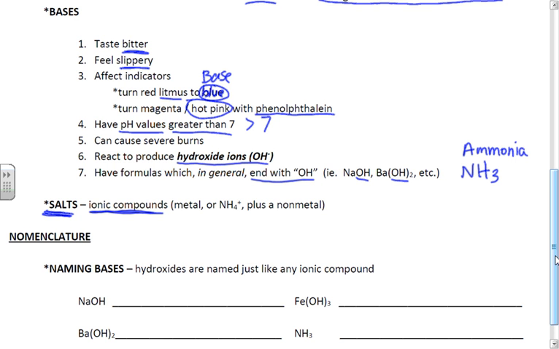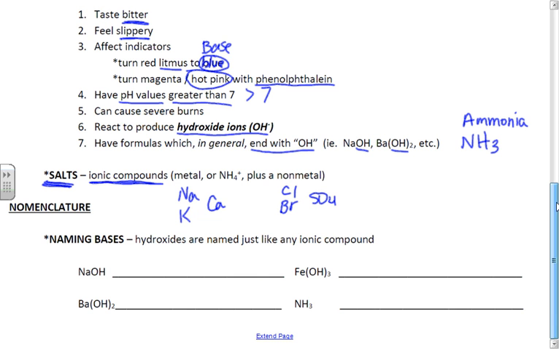NaCl is an example of that because Na is a metal, Cl is a nonmetal, but it doesn't have to be those. We could have K, potassium, paired with bromine, KBr. You could have calcium paired up with a polyatomic ion made of nonmetals. You just have to have metal and nonmetal paired up in order to have that salt or ionic compound formed.